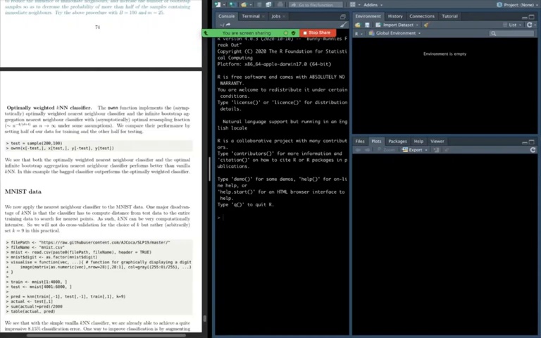But that's because the optimal weighted nearest neighbor classifier is only optimal asymptotically, in the same way that the bagged classifier is also optimal asymptotically. And importantly, it is optimal under some regularity assumptions on the classification boundaries. And you cannot check these.